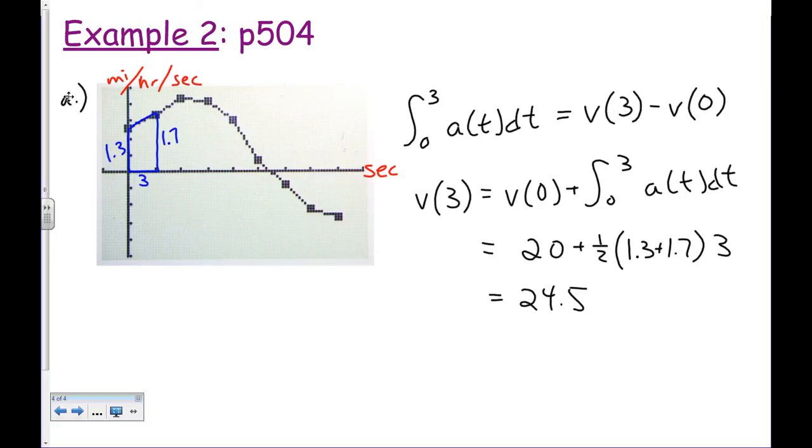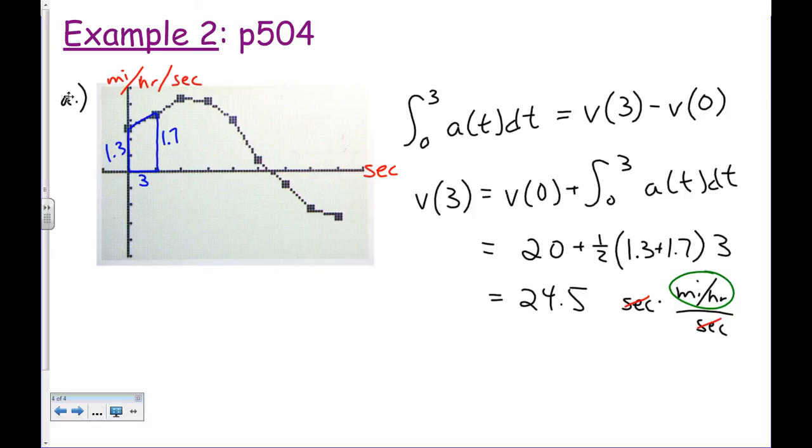We multiply the units for x and y together. We end up with seconds times miles per hour per second. And you'll see that the seconds cancel out, and that leaves us with just miles per hour. So those are nice units that we end up with in this part of the problem. We get 24.5 miles per hour is the velocity at 3 seconds.